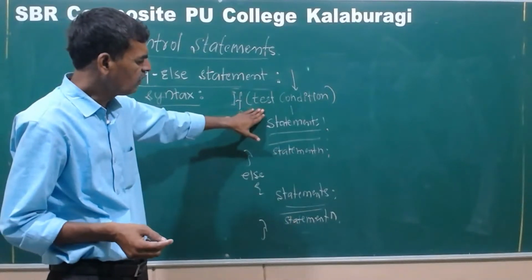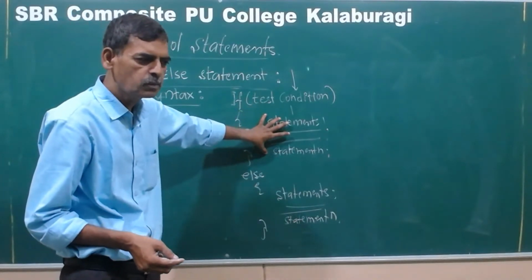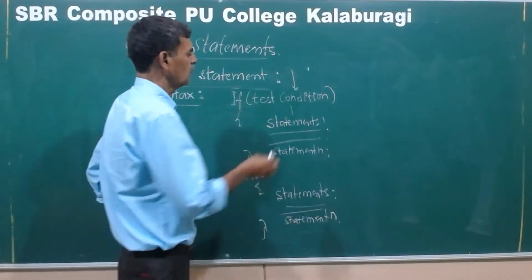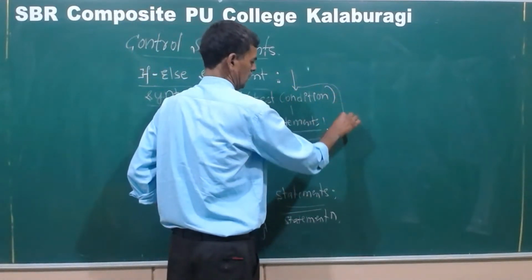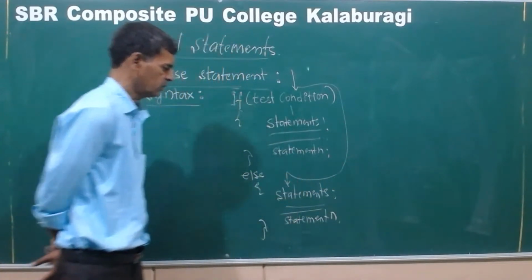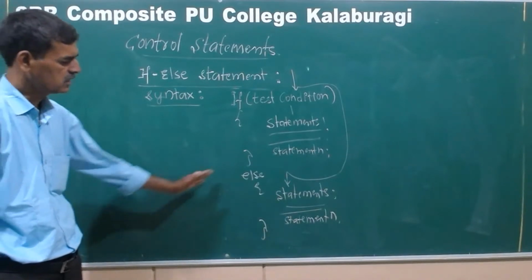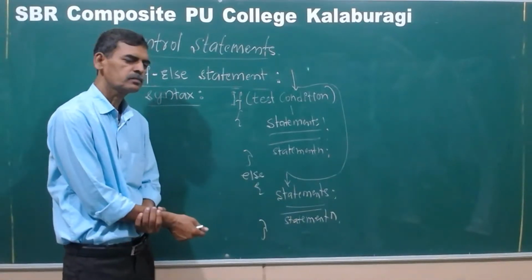If test condition is false, the statements in this block are skipped, control goes to next block of else statements. It goes to statements in else part.